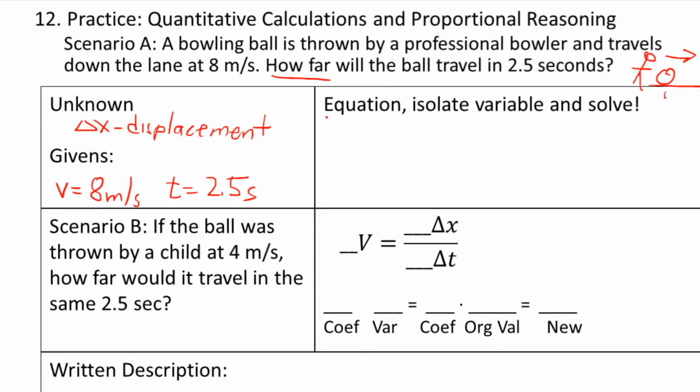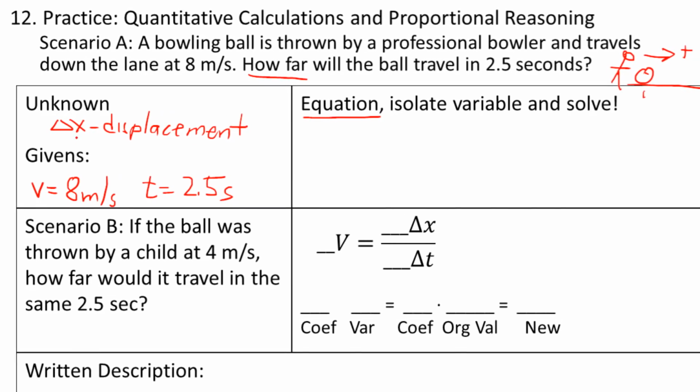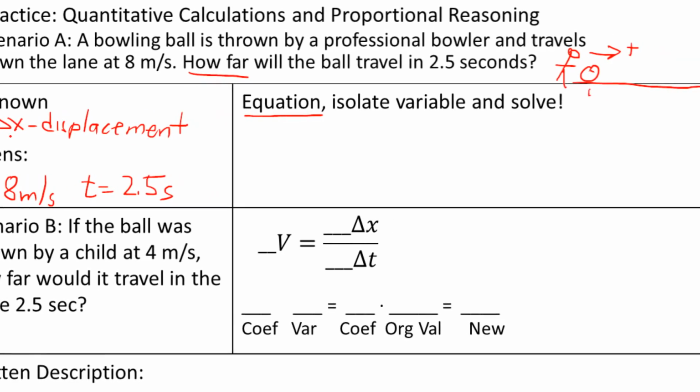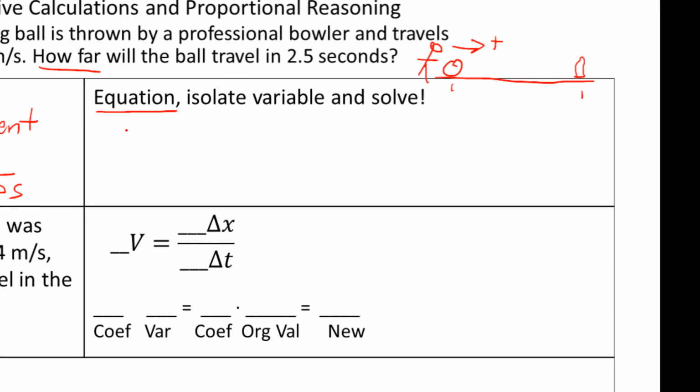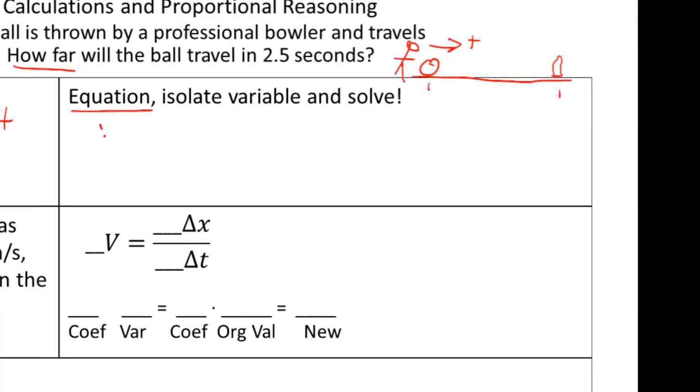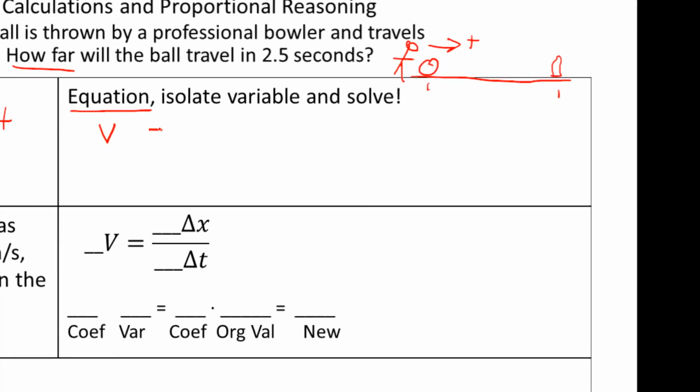Next we want an equation or a relationship that contains what we're looking for, our displacement, in terms of the things that we already know. So I have this equation: my velocity is equal to my displacement divided by my change in time.